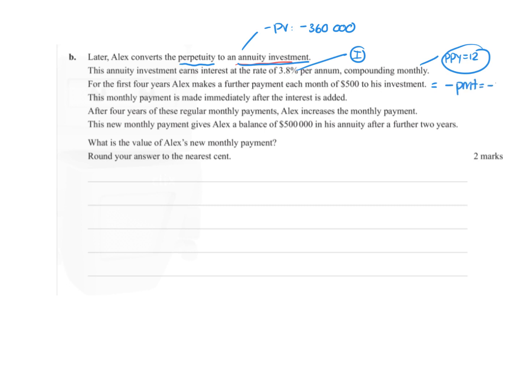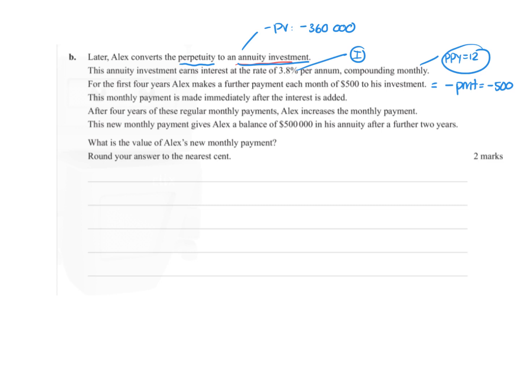Yeah, so it'll be a negative 500 because he's gonna try to make this investment grow. Okay, and after 4 years of these regular payments, Alex increases the monthly payment. The new monthly payment gives Alex a balance of $500,000 in his annuity after a further 2 years. Okay, and then it says, what is that new monthly payment?